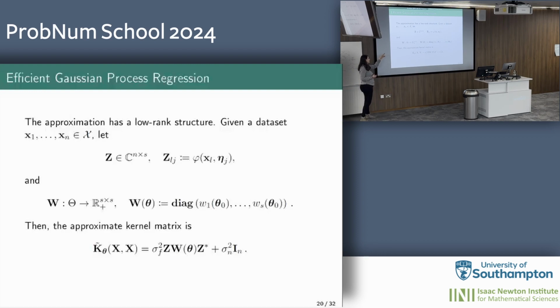This feature map is sampled at the data points and the nodes of the quadrature rule. And W is a diagonal matrix. It's very nice because basically all of your weights and hyperparameters are there. So this Z matrix does not contain anything about the hyperparameters.